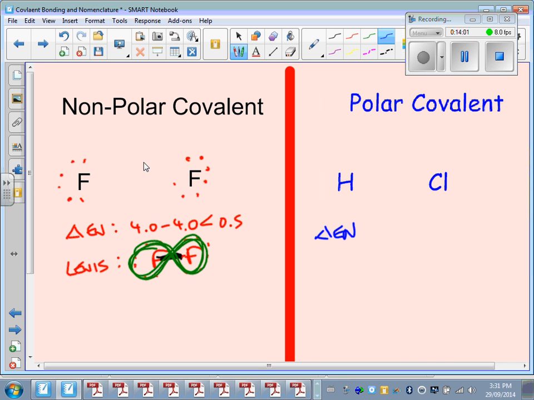So the EN difference is going to be 3.0 minus 2.1, which is equal to 0.9. And that is actually greater than 0.5. Therefore, it is polar.